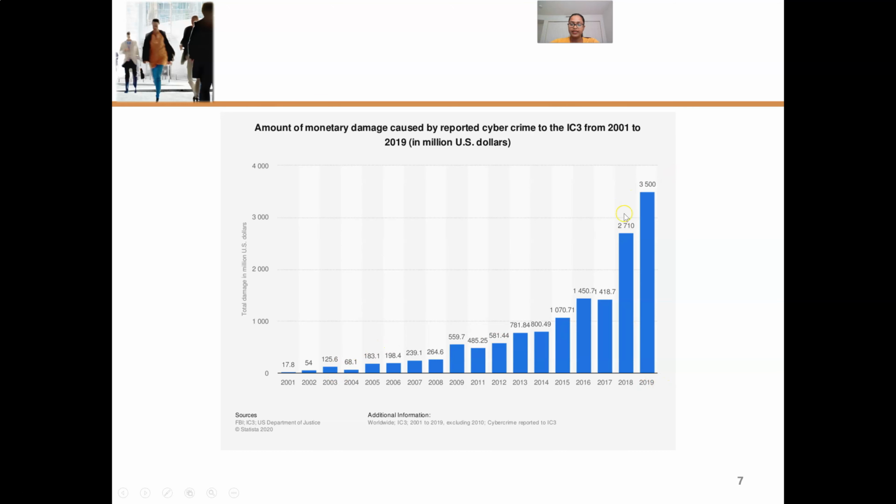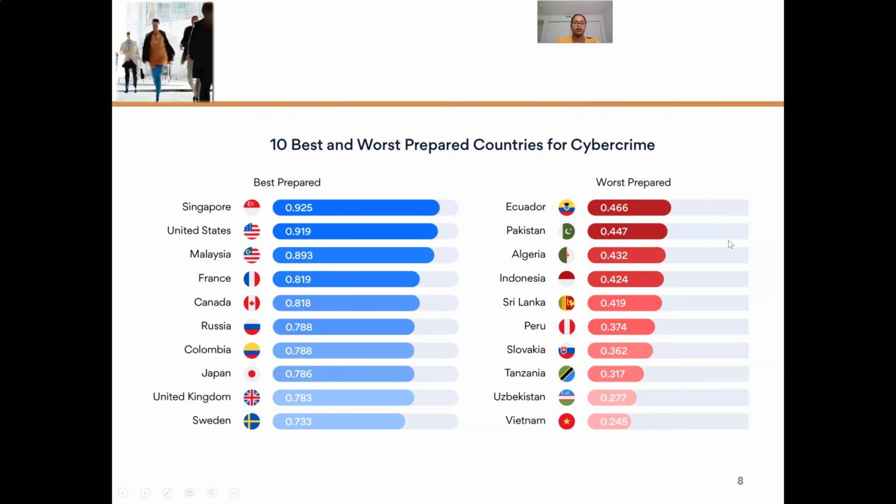So by 2019, there was $3,500 million loss or damage which was caused by cybercrime. This is also one of the charts which says these are the countries which are well prepared in terms of cybercrime, and these countries are not so well prepared when it comes to cybercrime.